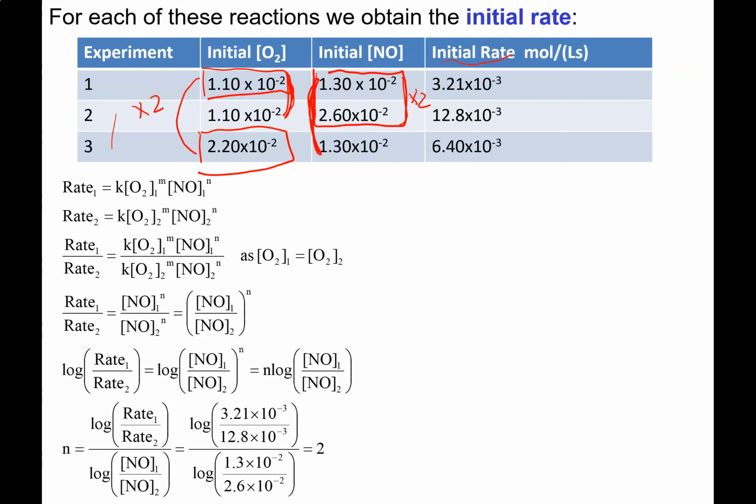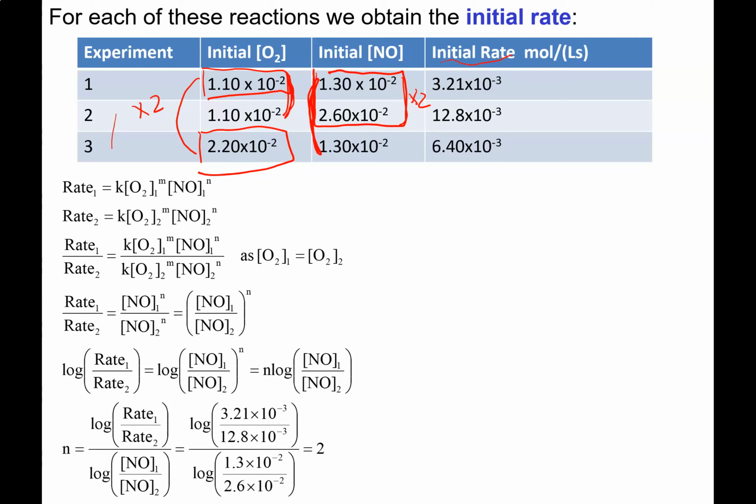So the rate of experiment 1 will be equal to the rate constant multiplied by the concentration of O2 in experiment 1 raised to some power m, multiplied by the concentration of NO in experiment 1 raised to the reaction order of NO. In experiment 2, the rate will be equal to the same rate constant multiplied by the concentration of O2 in experiment 2 raised to its reaction order, and then this is multiplied by the concentration of NO in experiment 2 raised to its reaction order.